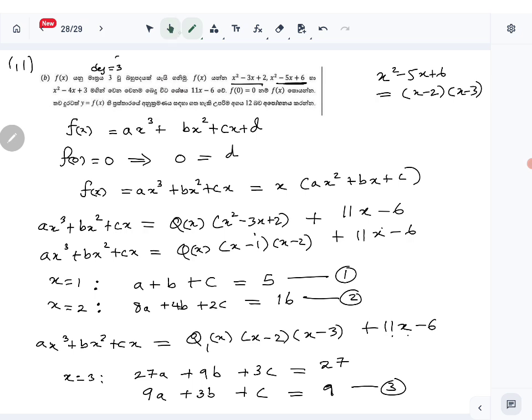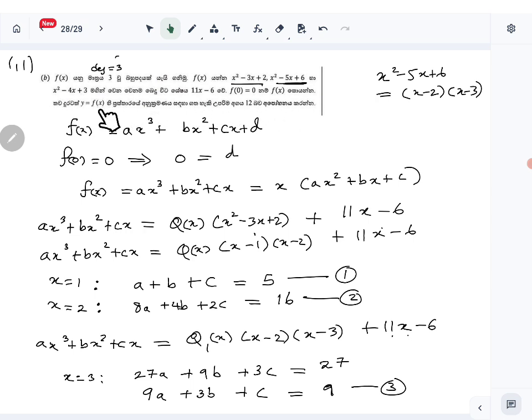Then the last part is what? The maximum value the gradient of the curve of f(x) can take is 12.